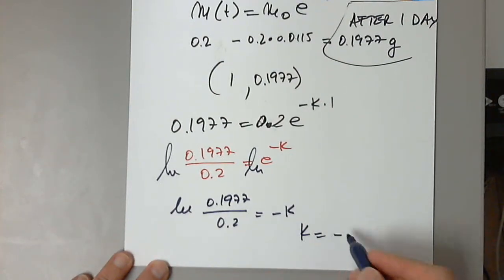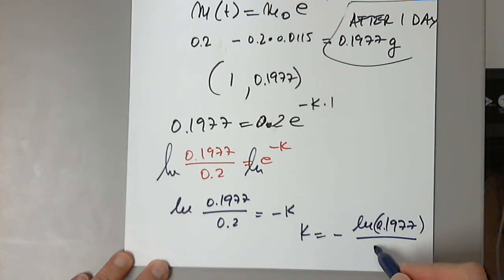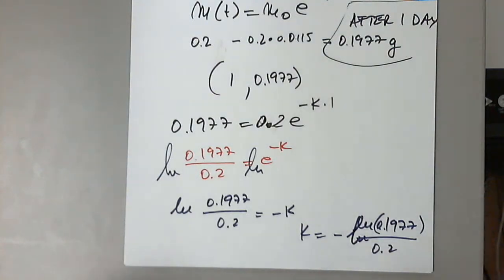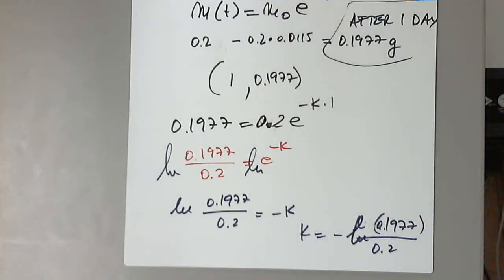Then k will be the opposite of natural log of 0.1977 divided by 0.2. I'm rushing. I don't have to rush. So it's natural log of everything divided by -1, but it's the same thing.